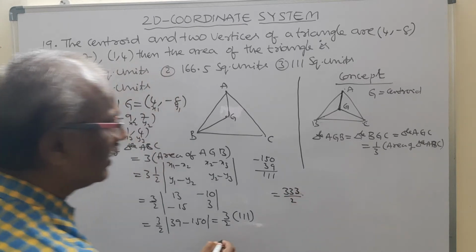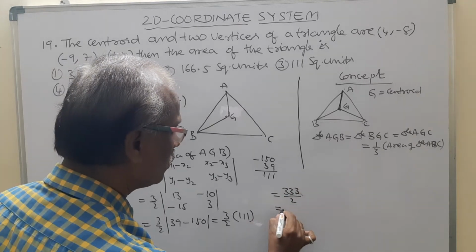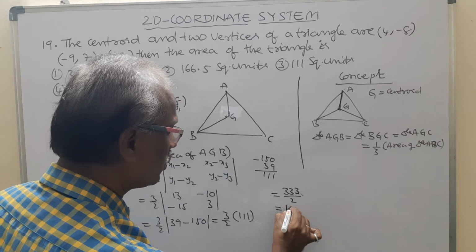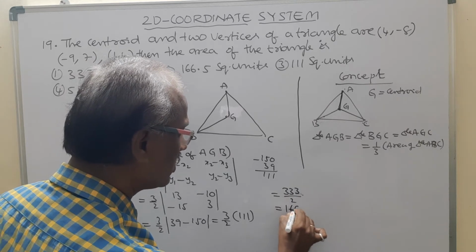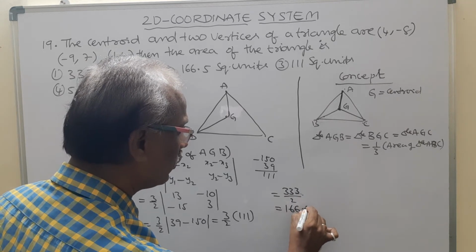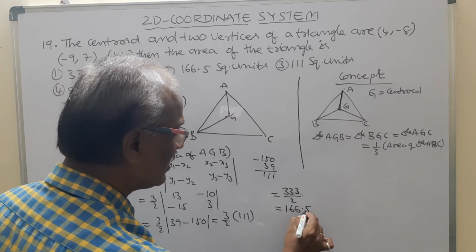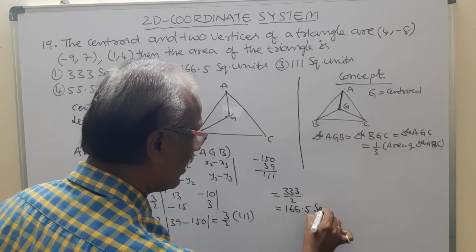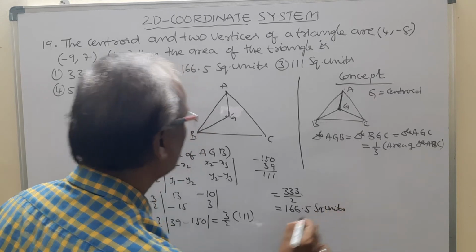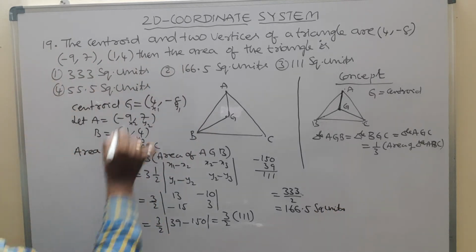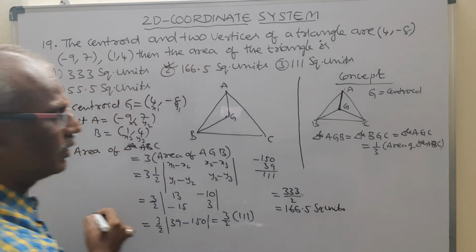333 divided by 2. 2 ones are 2, 2 6s are 12, then 0.25 10 gives 166.5 square units. This is the second option, correct.